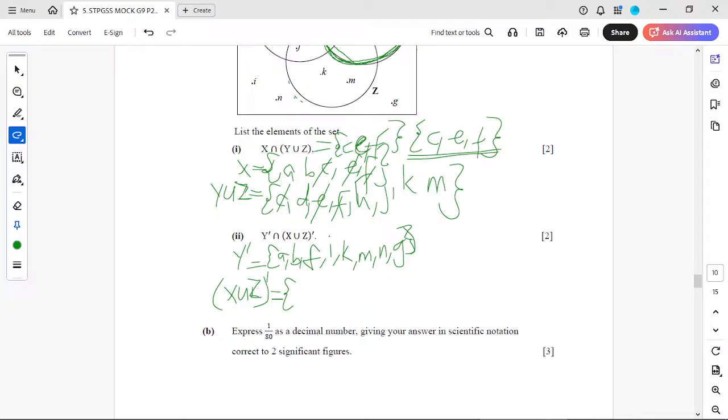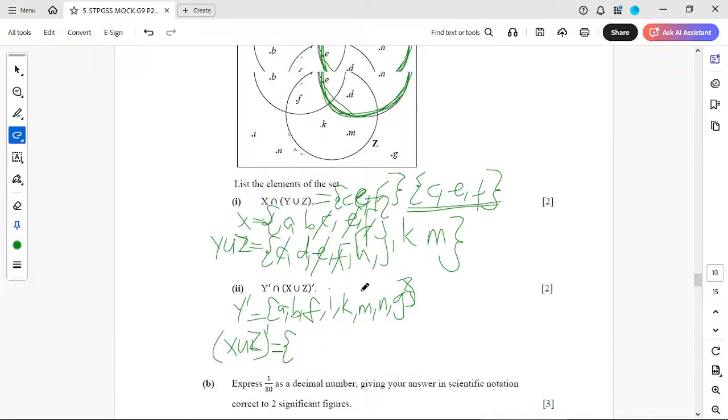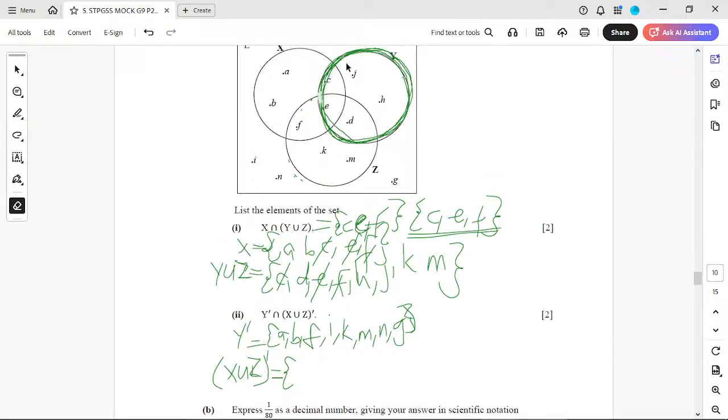Then we come to X union Z complement. I'm going to write that again. Now we identify X union Z complement.